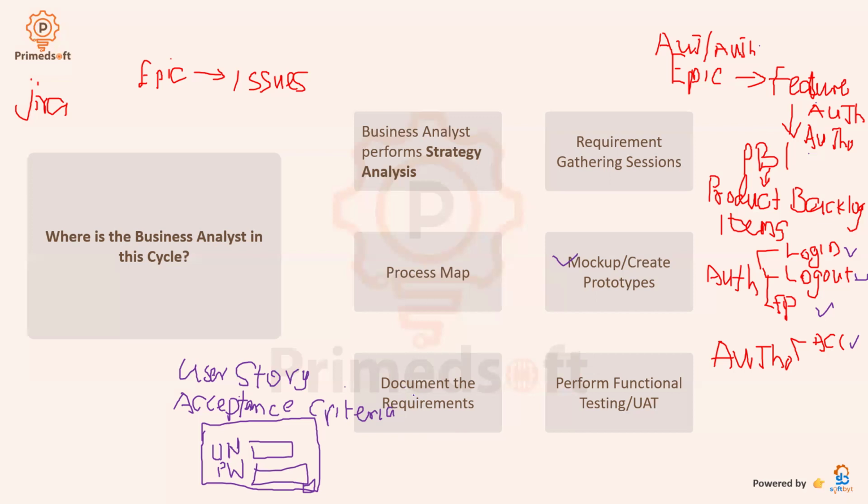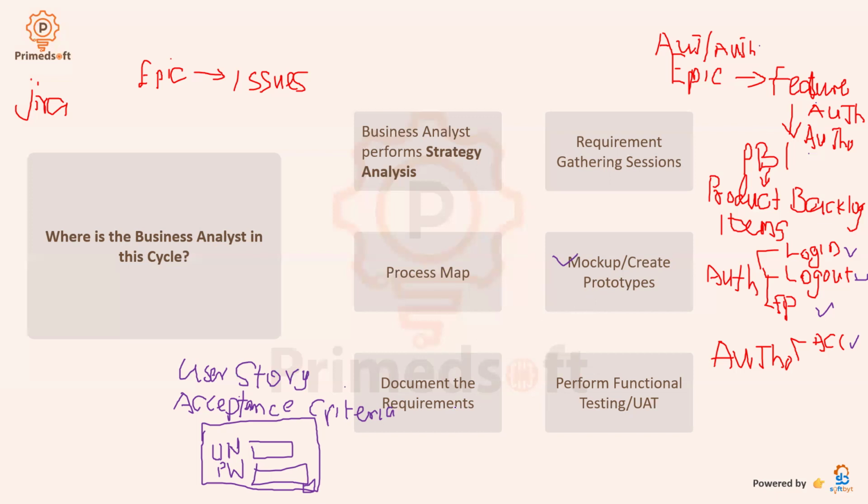It's not just writing a new thing. Everything you have done here is part of the document. The process map is part of the document, your user stories, the mockups, they are part of the document. And then you're going to have a much more comprehensive document where you bring everything together and explain everything about the application. Does that make sense?